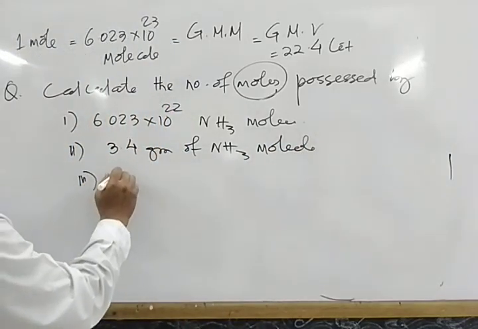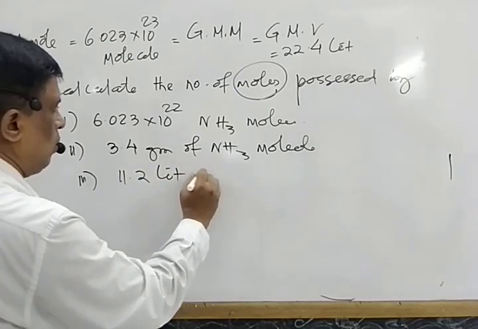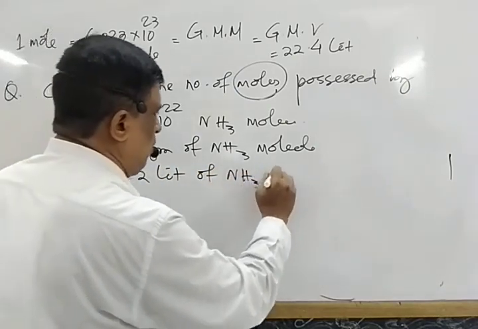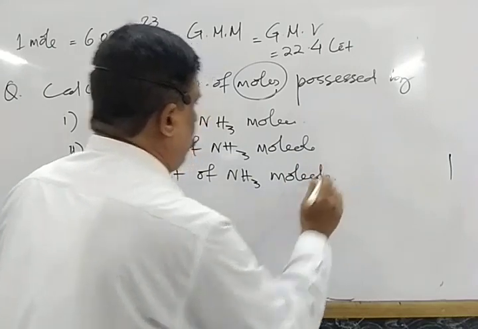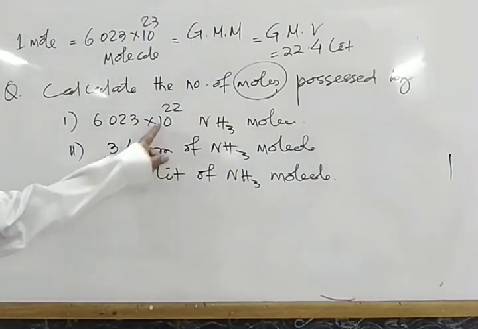Third point, 11.2 liter of NH3 molecule. Now the question has 1, 2, 3 parts.